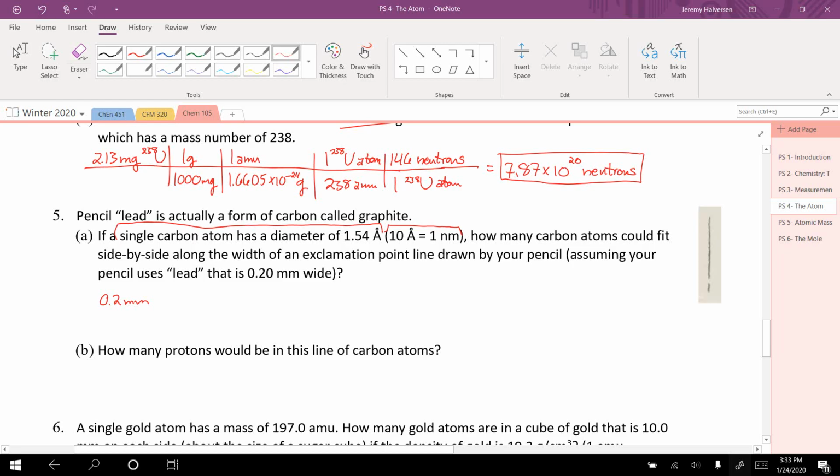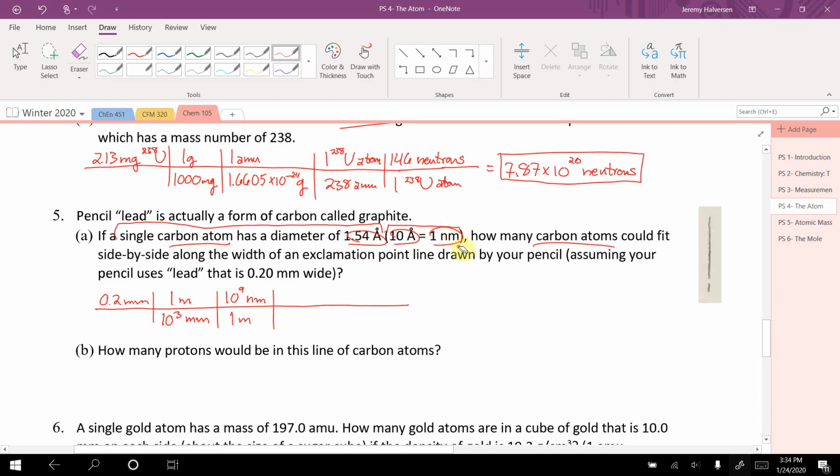So if we want to get to carbon atoms at the end of the day, we can get to atoms if we can get to angstroms, because we have a conversion factor there. Get to angstroms if we can get to nanometers. Now you could go straight to nanometers, but I'm going to go through meters first. And then I know 1 meter is 10 to the 9th nanometers.